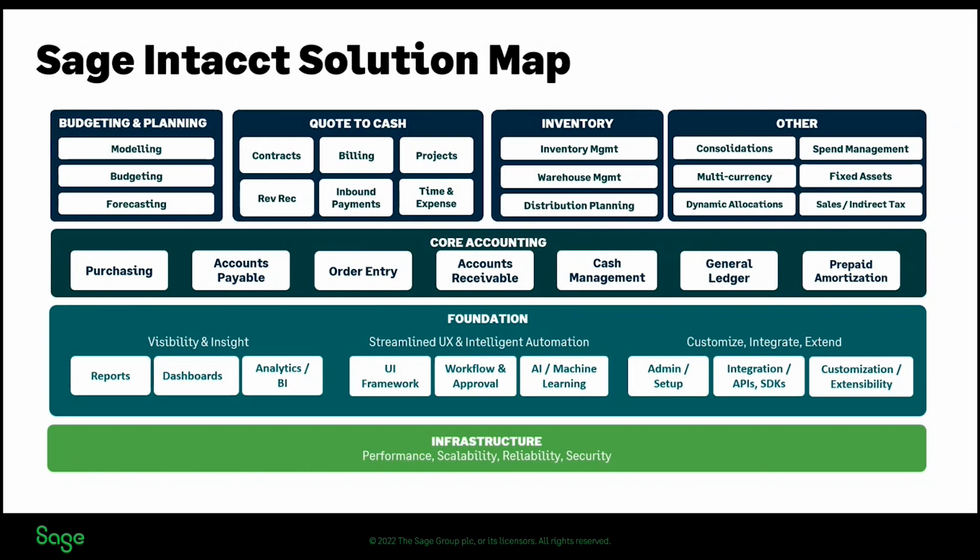The Sage Intacct solution footprint is a broad map here, really outlining many of the areas of our solution. If you look to the bottom of the screen, the infrastructure, this is what we as the publishers provide and monitor and are responsible for, and that is to make sure that you have a solution that is reliable, and that's called uptime, and making sure that you have access to your information.